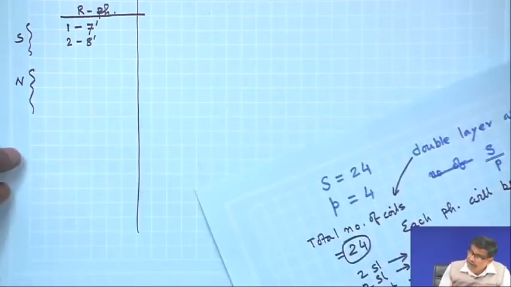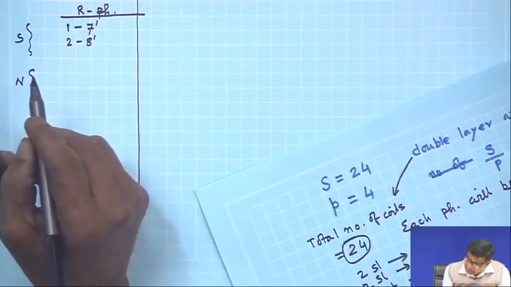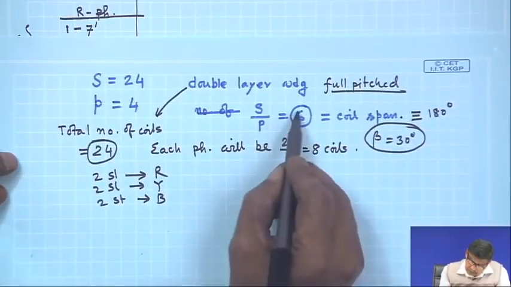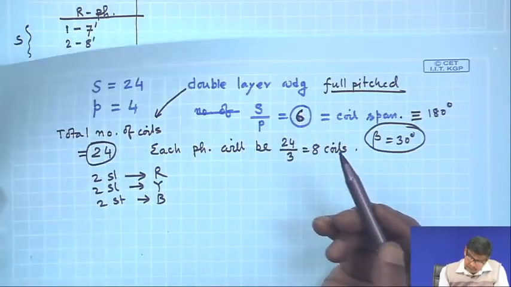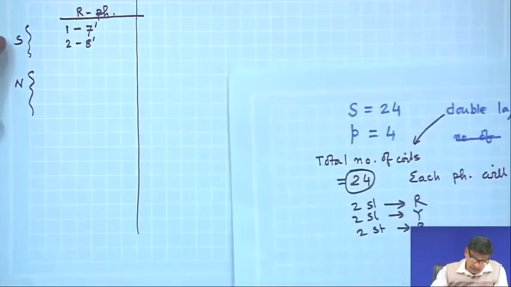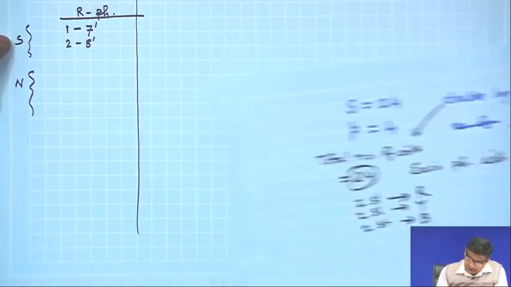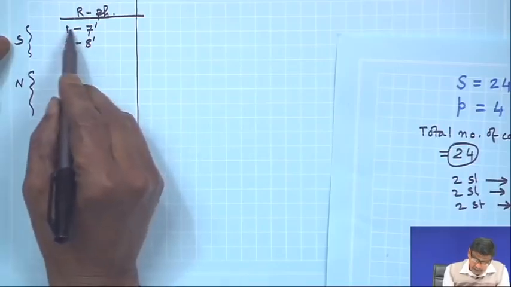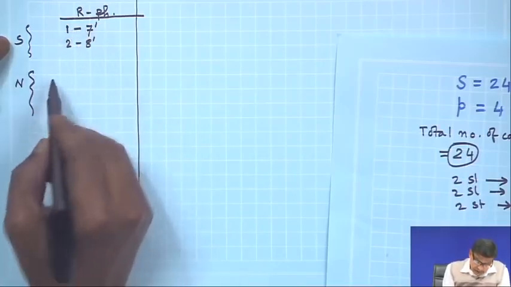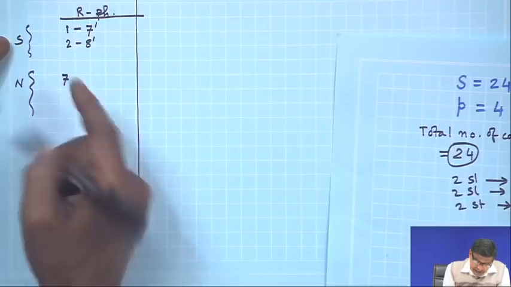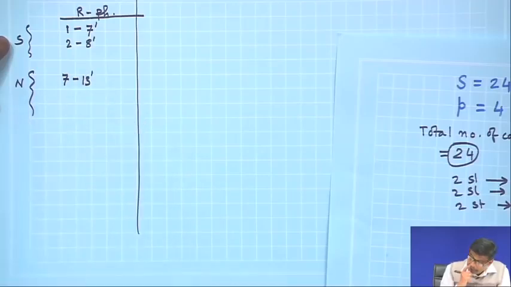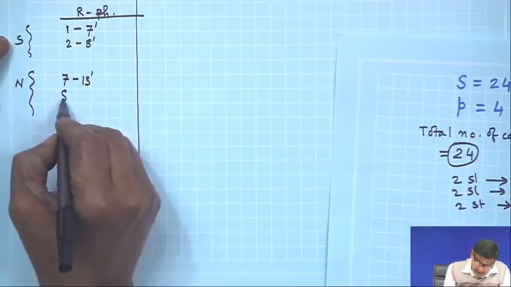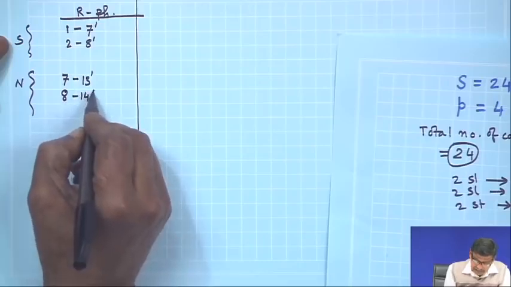So, it will be 7. Slots per pole is 6, so 7 it will be. Here I have not made any mistake: 1, 7 dashed. The next one will start from 7 and then coil span is 6, so 7, 13 dashed, and then 8, 14 dashed.